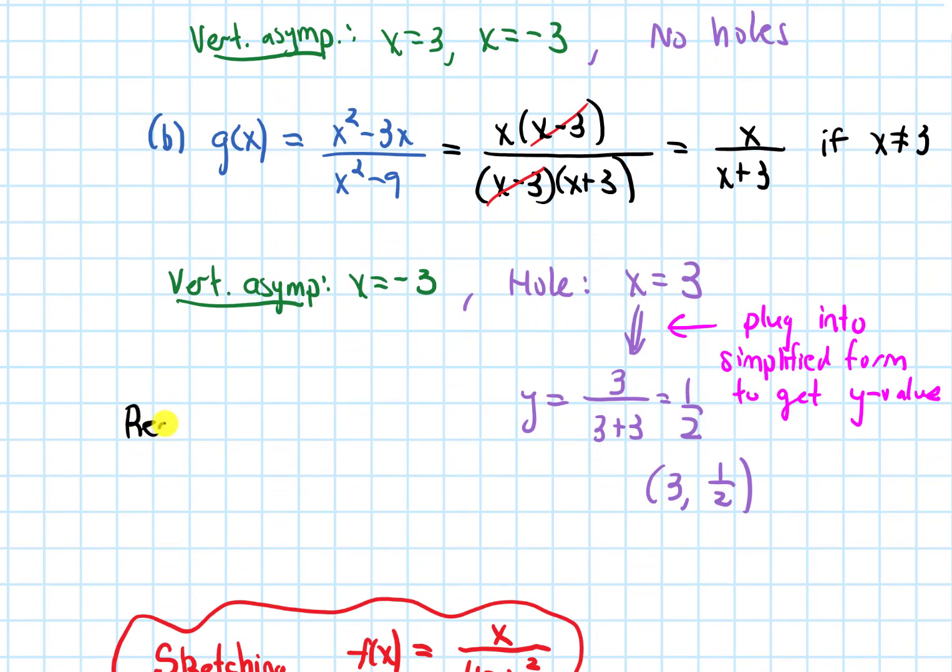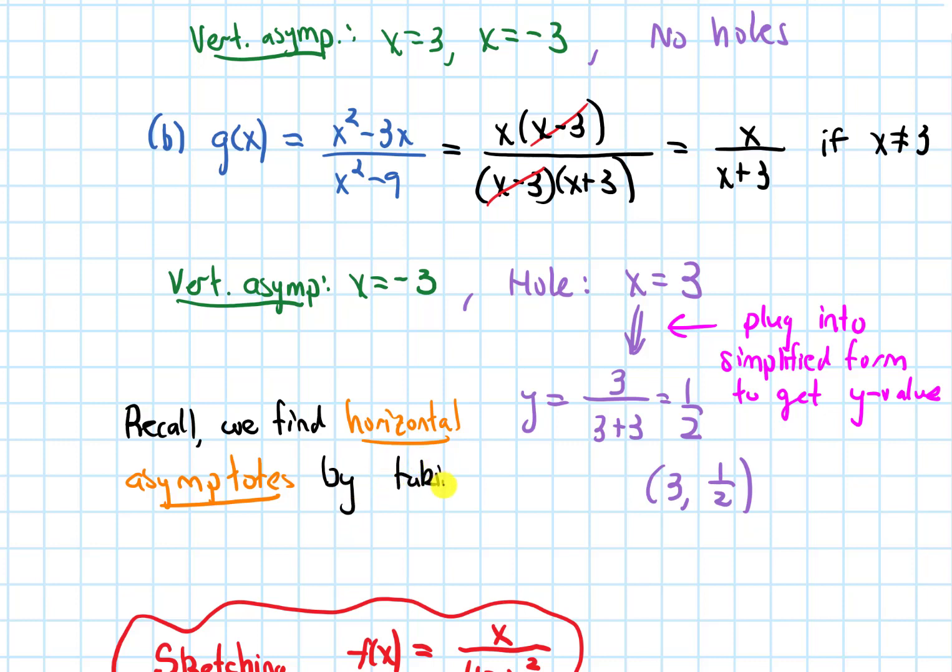Recall that we find horizontal asymptotes by taking limits. We take the limit as x goes to infinity of our function and the limit as x goes to negative infinity of our function.